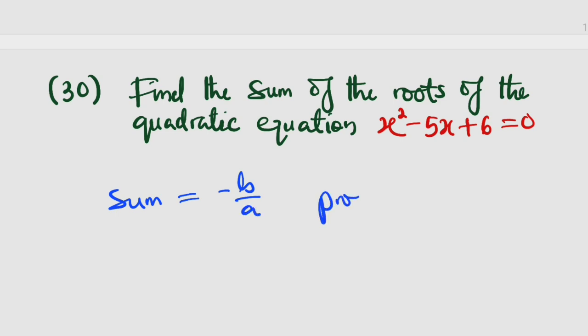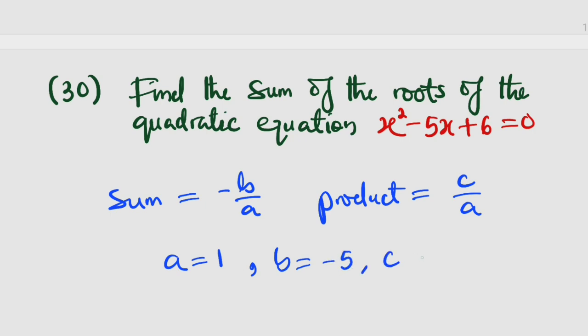And if you're talking about product, which we have not been asked to find, you can always take c divided by a. But what are this a, b, and c? Remember, a is the leading coefficient, which is the coefficient of x squared, which is supposed to be 1. b is the coefficient of x, which is -5, and c is the constant, which is 6.